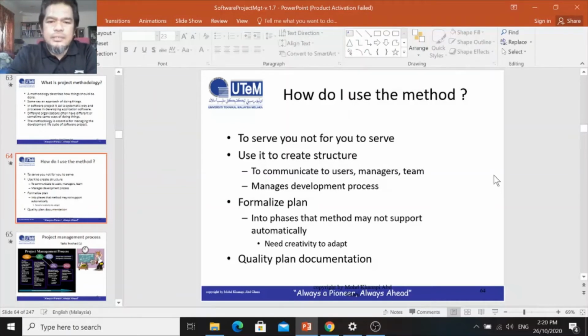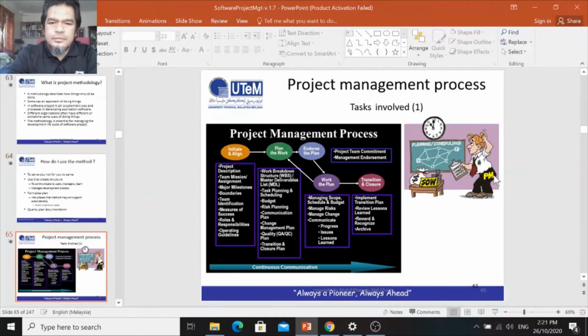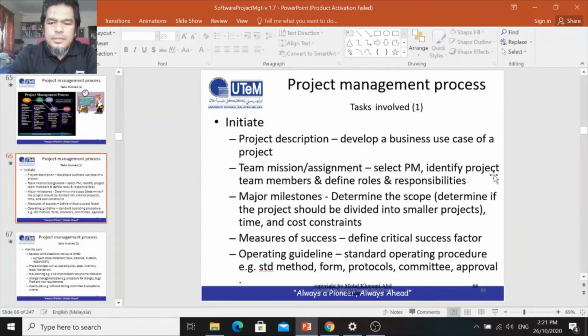So use it to create a structure, to communicate to the users, managers, team, manage the development process, formalize a plan, and get the quality plan of the documentation. When you want to conduct or manage the project, there are 5 project management processes that you need to understand, remember, and practice.